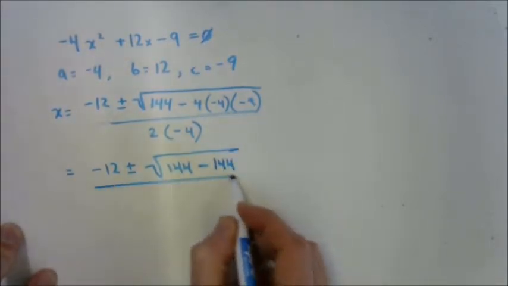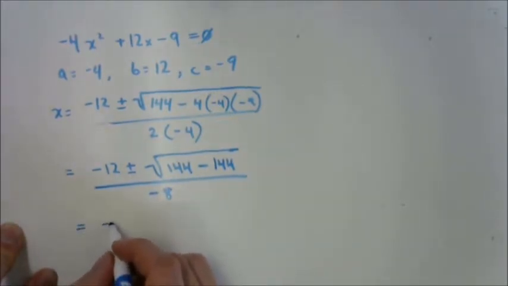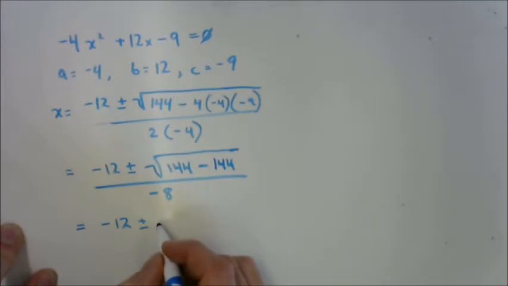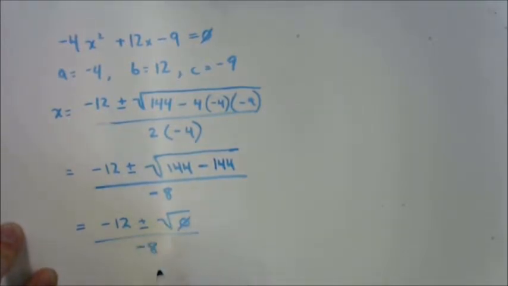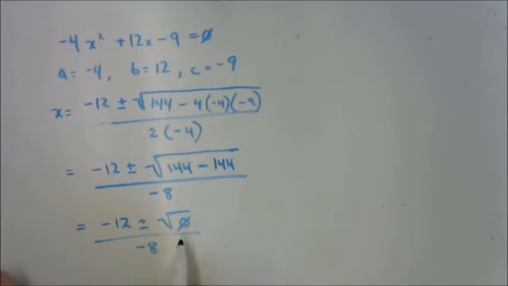So what happens to that number in the radical? Becomes 0. You take the square root of 0. You can. It's just 0. And what that does, it turns this whole thing into 0. So now you have negative 12 plus 0 and negative 12 minus 0. Well, that's both just negative 12, right?